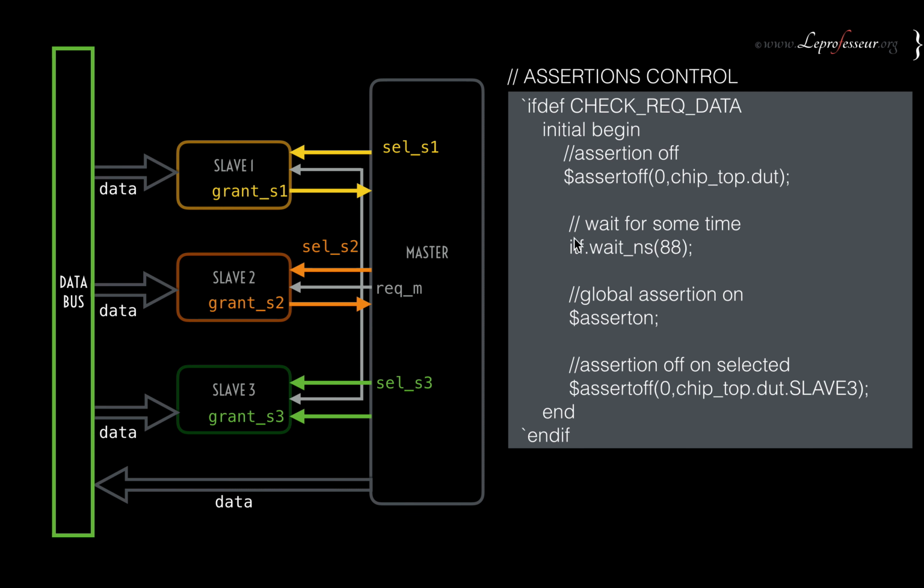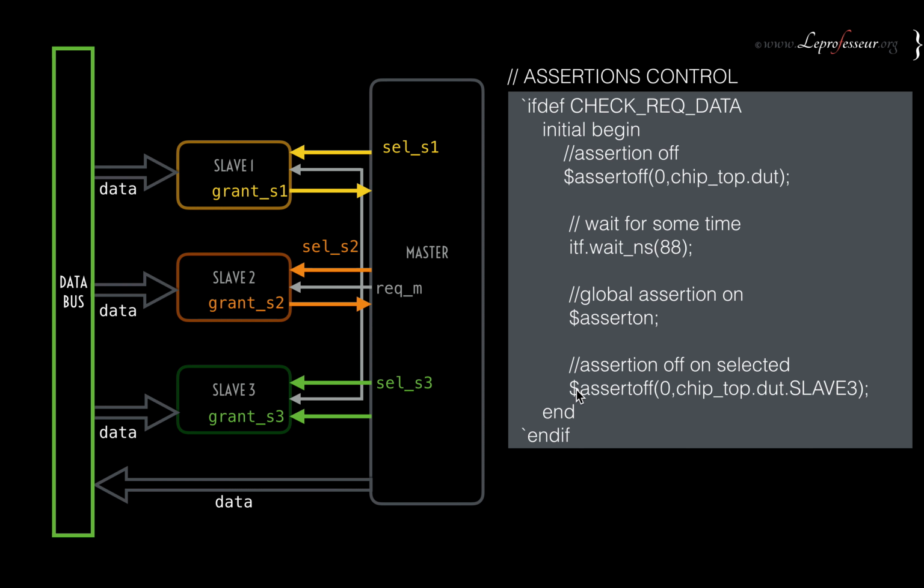So here ITF is nothing but the interface. You may have a different mechanism, or you just simply use wait nanoseconds, or whatever your environment specifies, to wait for some time. After that you globally enable the assertions, and then you can turn off the selected assertions one by one, or all the assertions under one instance.